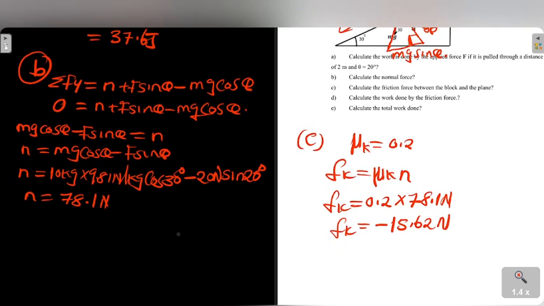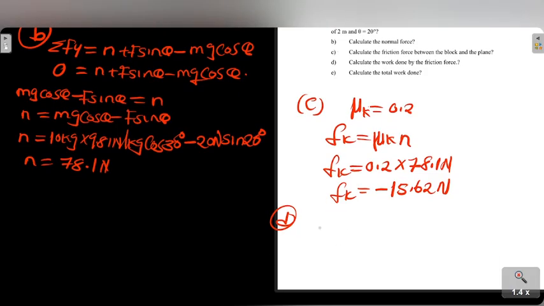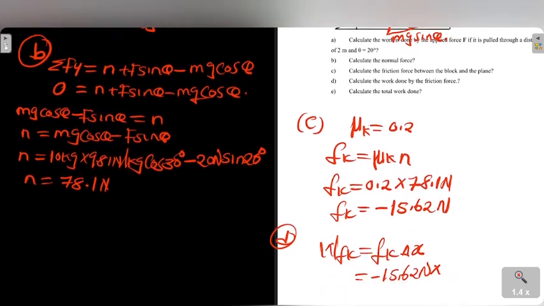Then now we have our D, which is asking us to calculate the work done by the friction force. So to calculate the work done by the friction force, it is just equal to the friction force times the change in displacement. So the friction force that we have is negative 15.62 newtons. Then the change in displacement is 2 meters.